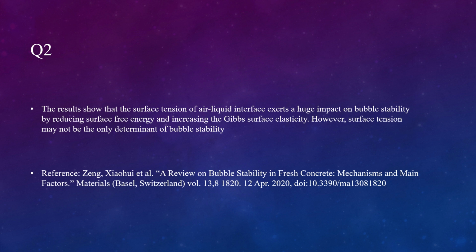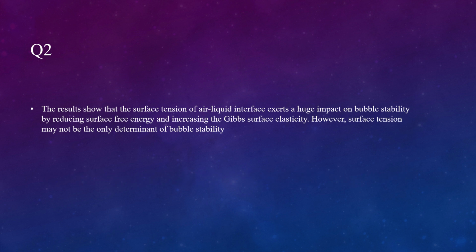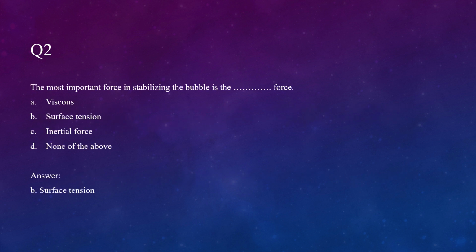It reduces the surface free energy and increases the Gibbs surface elasticity. But what they observed is that it may not be the only determinant of bubble stability, but it is one of the factors influencing it. So basically the question is, the most important force in stabilizing the bubble is the surface tension force. There are various forces influencing that, but the most important force is the surface tension force.